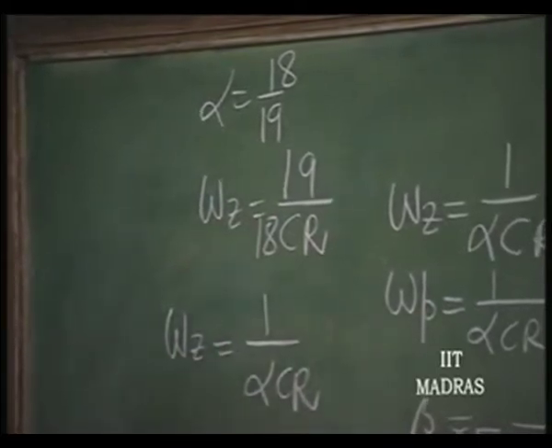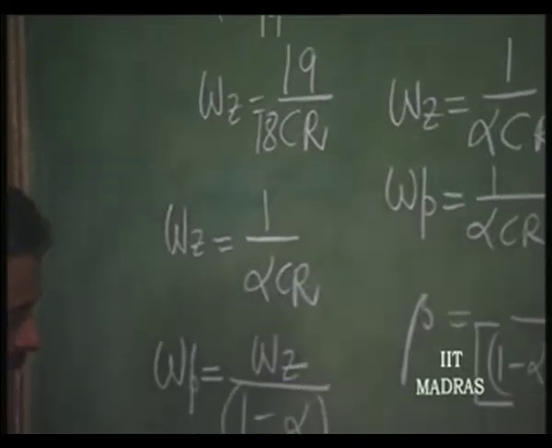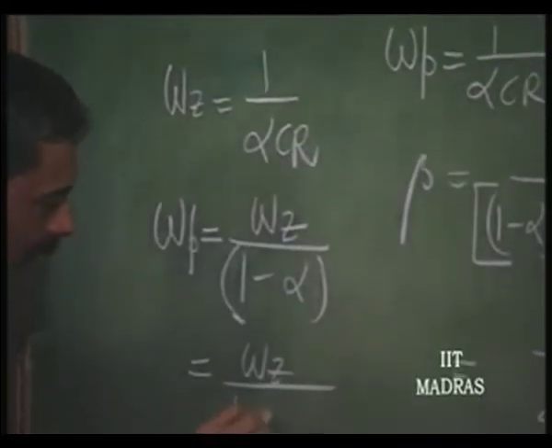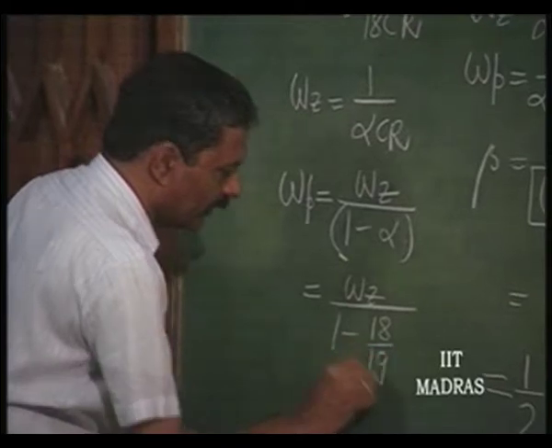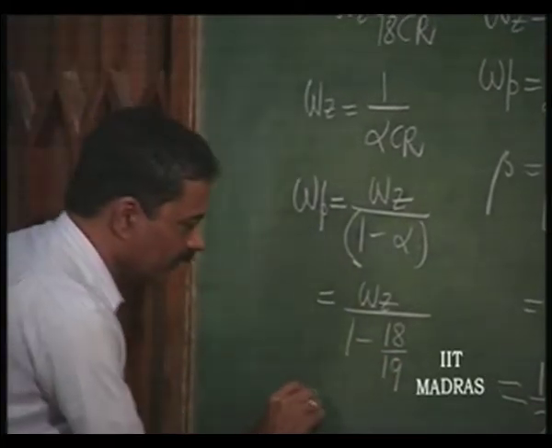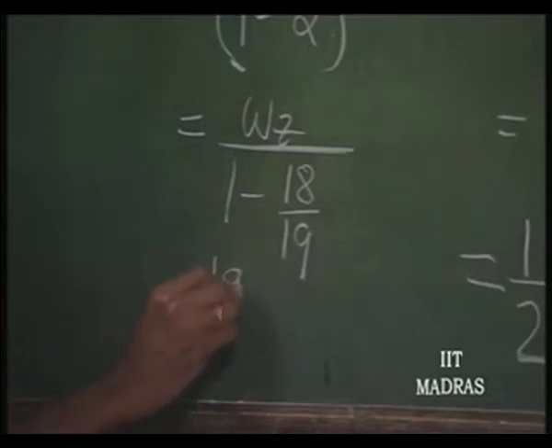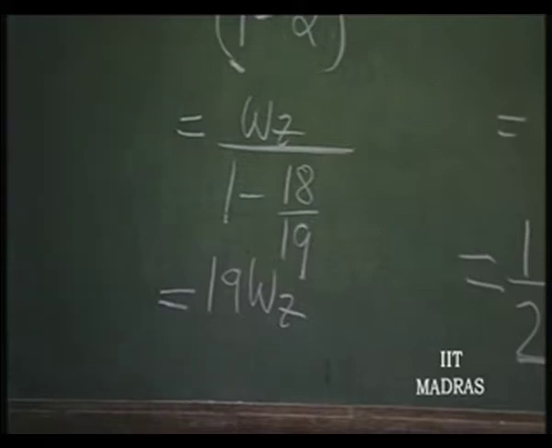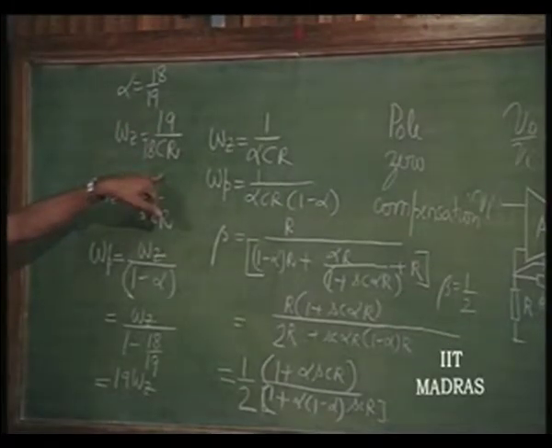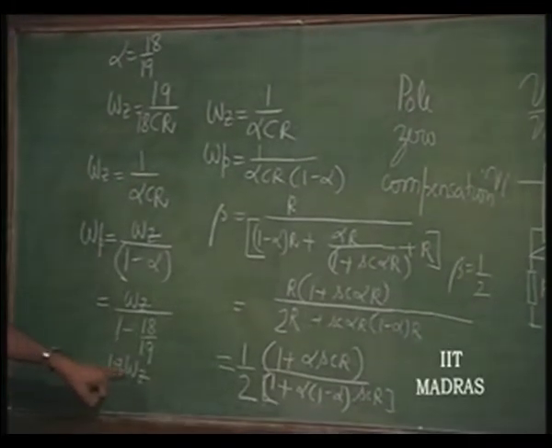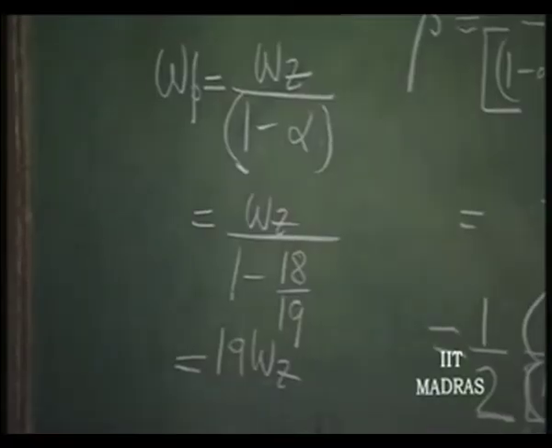So, you get here omega z divided by 1 minus 18 over 19, which means 19 minus 18, 1. So, 19 times omega z. So, this is very nearly 1 over CR, whereas this pole is 19 times that omega z.